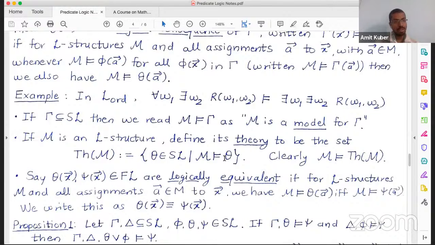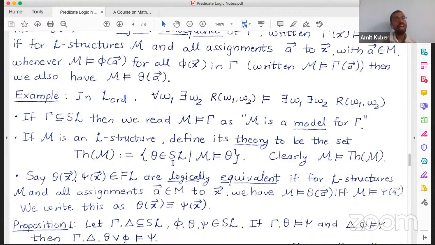Now, this truth is binary. And therefore, if theta belongs to SL, and theta belongs to the theory of M, then negation theta will not belong to the theory of M. Both theta and negation theta cannot be true in a structure.